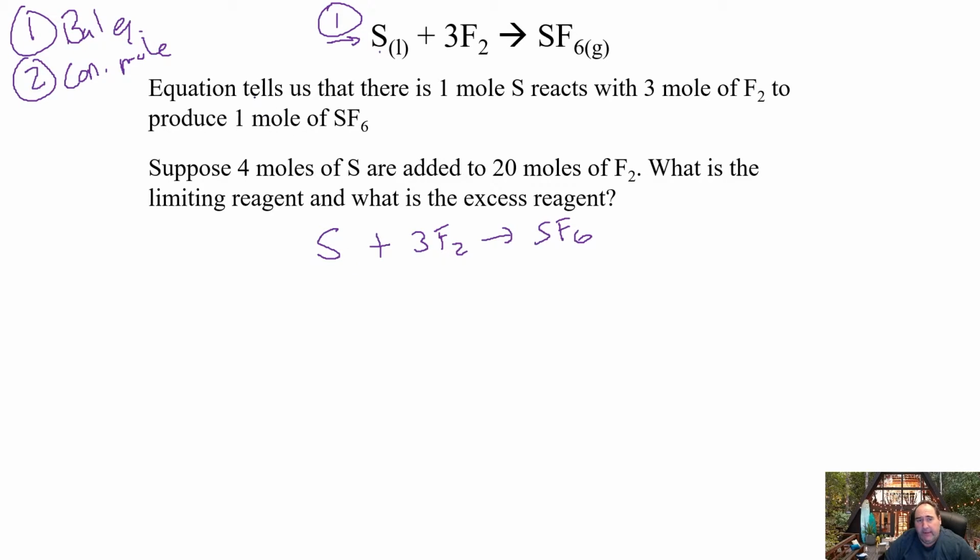We are starting with 4 moles of our sulfur and 20 moles of our F2, and we really want to figure out eventually how many moles of our SF6 there are. Okay. So at this point, step number 1 is done for us. Step number 2, which is whatever they give us, convert to moles, is also done for us. Now, how do I know this is a limiting reagent problem? Well, it's pretty straightforward in this example.